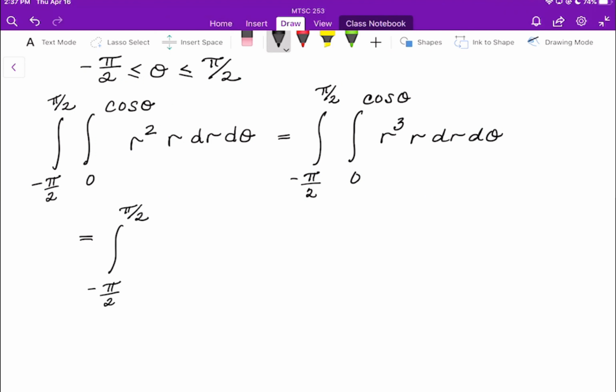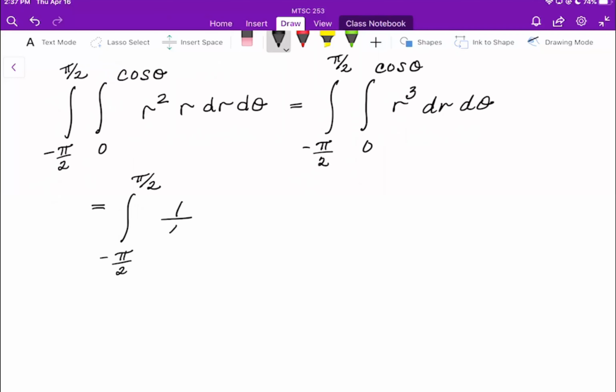And now I'm going to get, already multiplied, so now I should get 1/4 r to the 4th evaluated between 0 and cosine theta d theta.